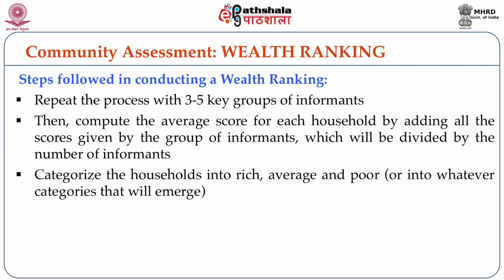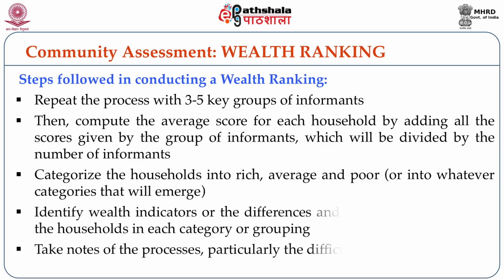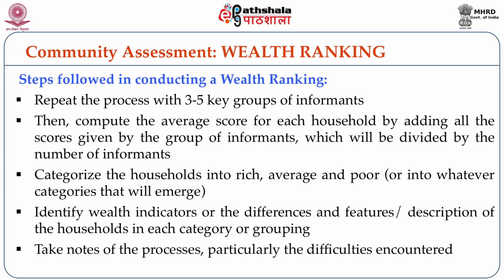If the same family has been ranked as poor 2-3 times, or the same family has been ranked as rich, in that way you come to a common understanding of what is rich, what is poor, and what is average. This helps in having a common understanding, and also in understanding the features which people describe as poor, rich, or average households, and later on reaching out to these families also becomes easier.